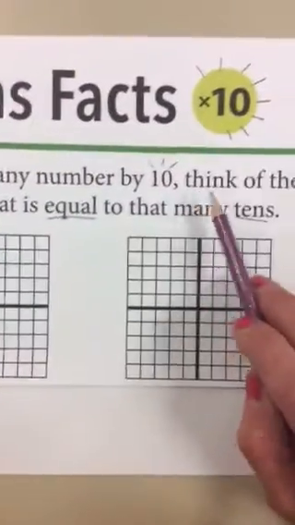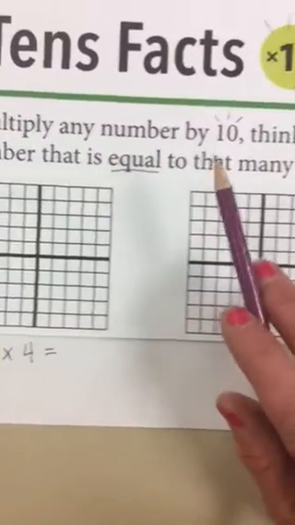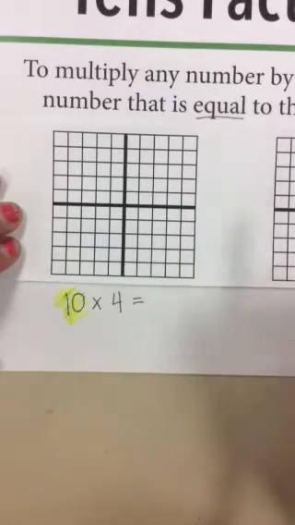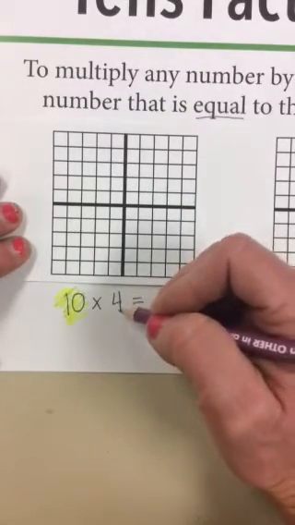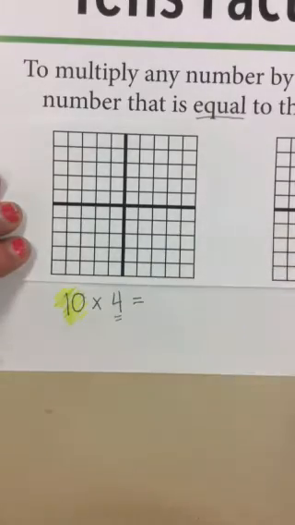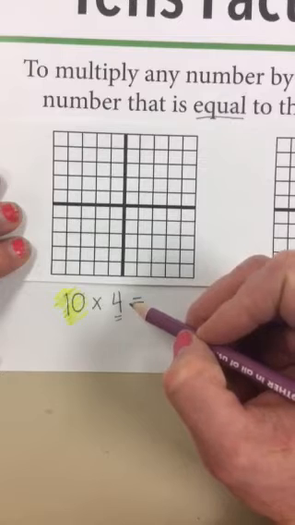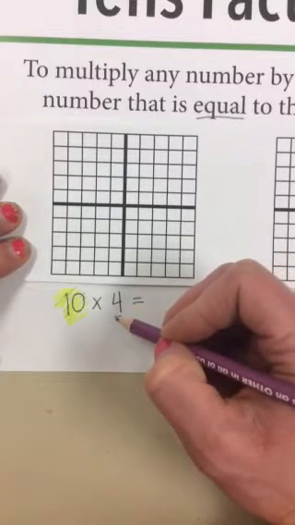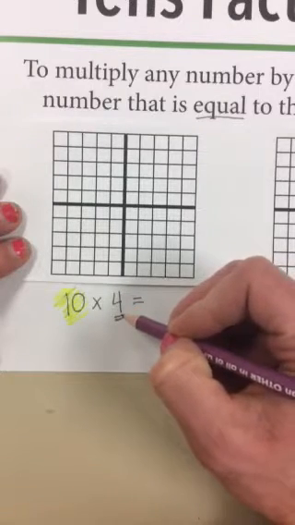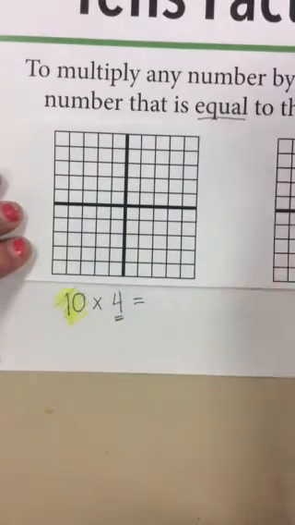Well, to multiply any number by 10, think of the number that is equal to that many tens. Okay, so I have the number 4. So I can say 10 times 4 is the same as 4 tens. Oh, that's pretty cool. 4 tens.